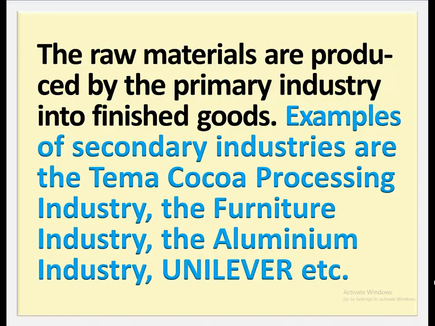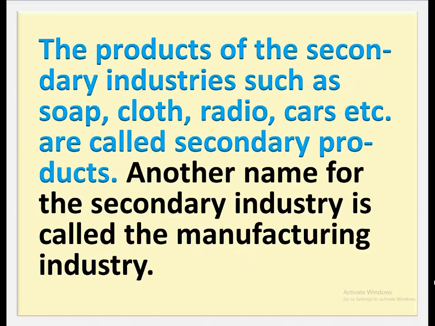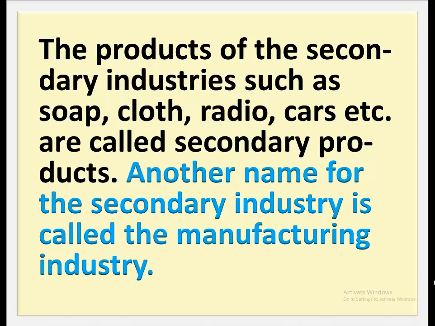Examples of secondary industries are the Tema cocoa processing industry, the furniture industry, the aluminium industry, Unilever, etc. The products of the secondary industries, such as soap, cloth, radio, cars etc. are called secondary products. Another name for the secondary industry is the manufacturing industry.